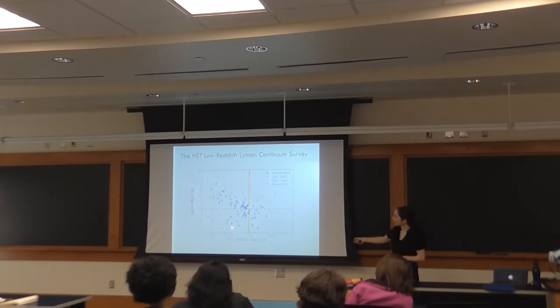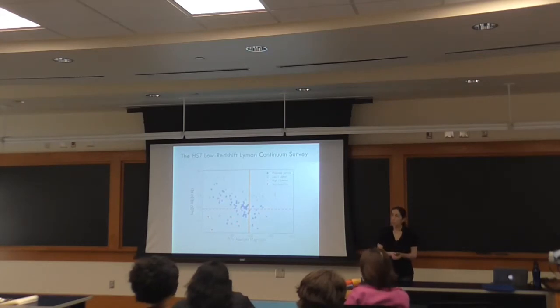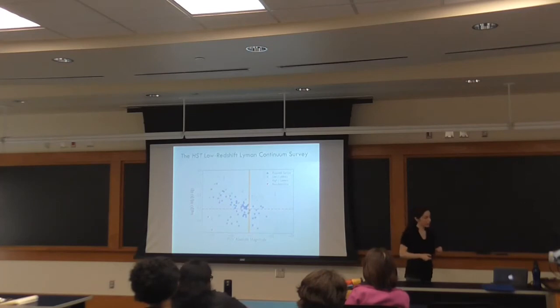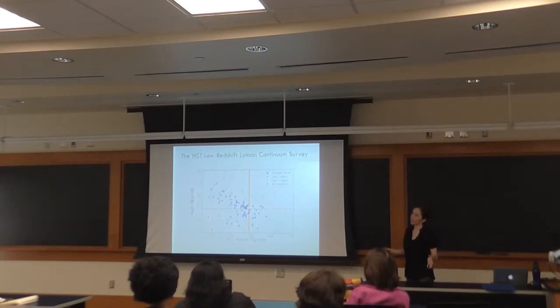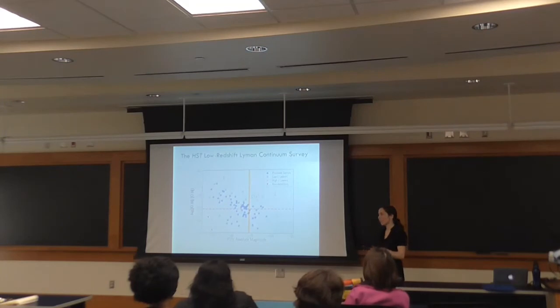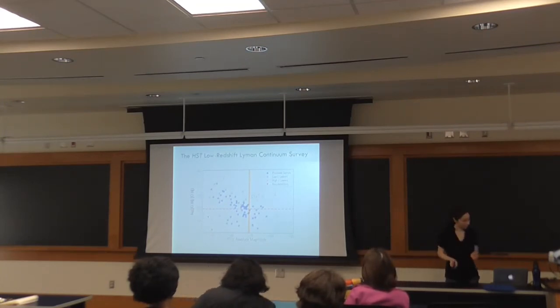We're going to be spanning a really wide range of O3 to O2, range of magnitudes. We're getting to low luminosity galaxies as well as ones above L star at redshift 0. And so hopefully, getting a diverse sample, more diverse than just looking at green peas, and being able to start to find out which populations in the local universe actually have escaping Lyman continuum. So hopefully more updates to come.